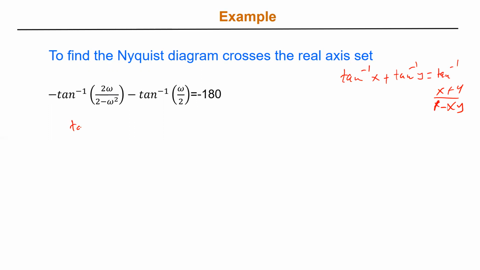I will have tan inverse of (2 omega over 2 minus omega squared plus omega over 2) over (1 minus 2 omega over 2 minus omega squared times omega over 2), equal to 180 degrees.